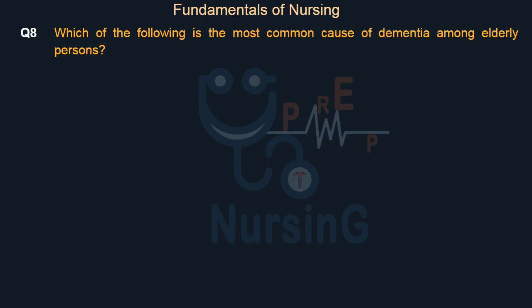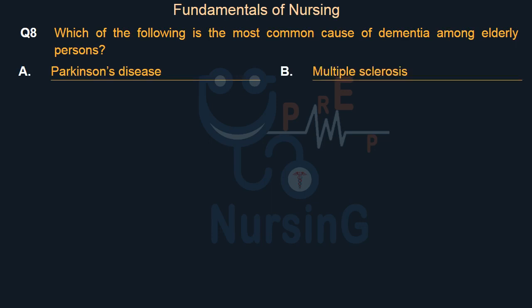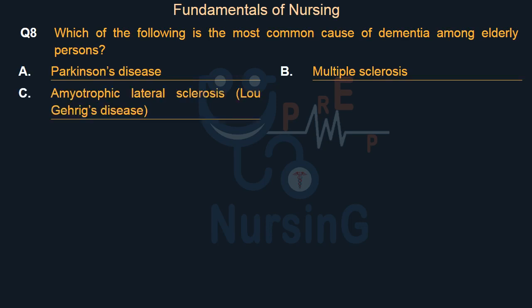Which of the following is the most common cause of dementia among elderly persons? Option A. Parkinson's disease. Option B. Multiple sclerosis. Option C. Amyotrophic lateral sclerosis, Lou Gehrig's disease. Option D. Alzheimer's disease. Right answer is Option D. Alzheimer's disease.